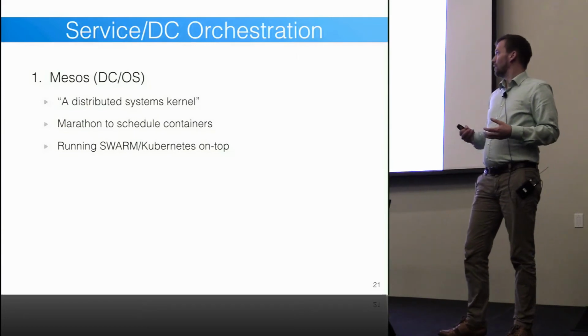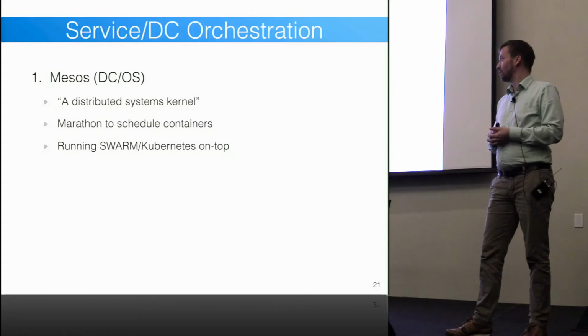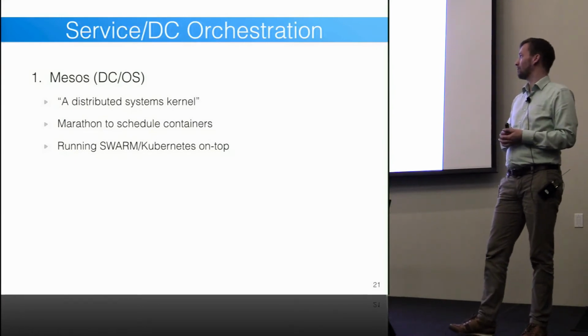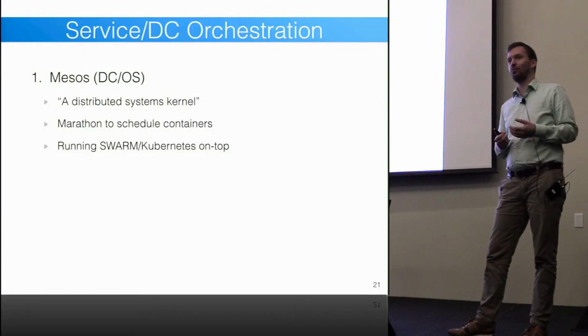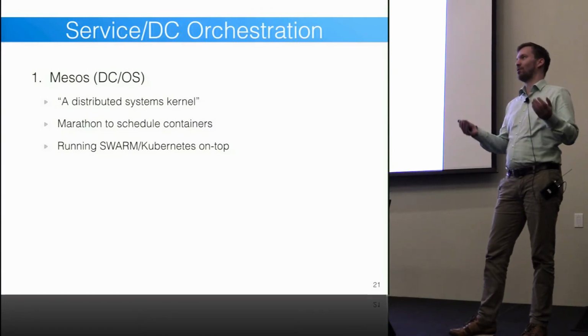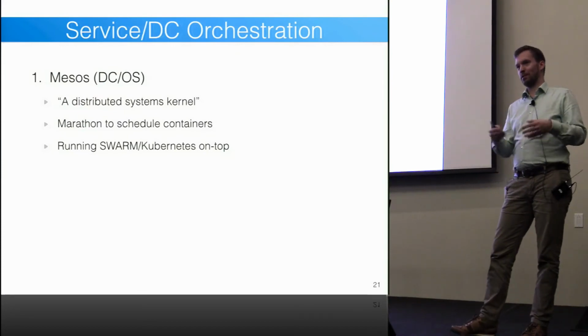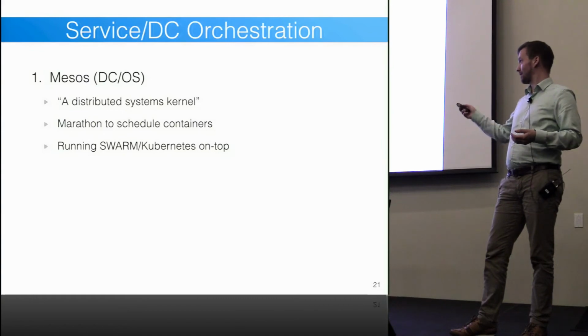Okay, another slide about orchestration. There's also a word that you hear everywhere, that's Mesos. Mesos aims to be a distributed system kernel, meaning they are not targeting to be a container scheduler. They are more an operating system that spans a complete data center, hence the name datacenter OS.